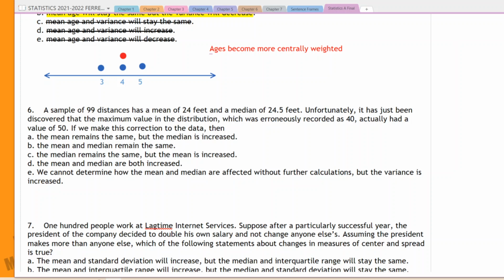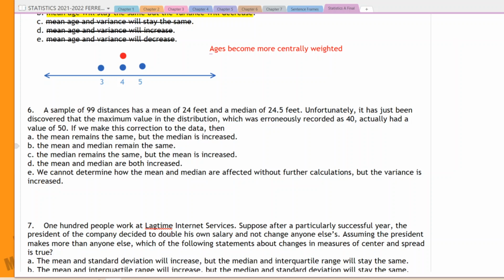Well, we can think about that if we just take a look at any dot plot. If we decided to increase the maximum value, the score in the center is going to actually stay the same because it's not moving relative to the highest value.